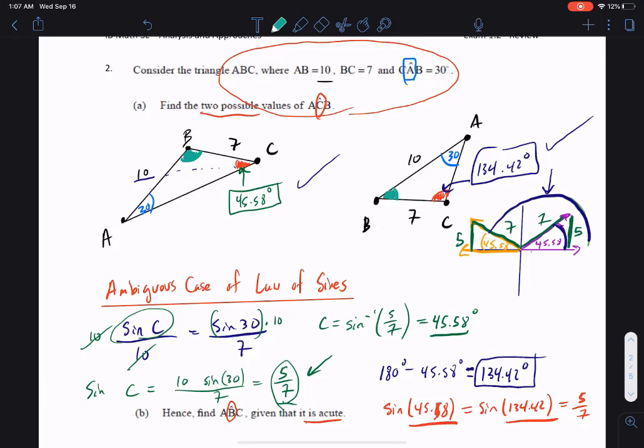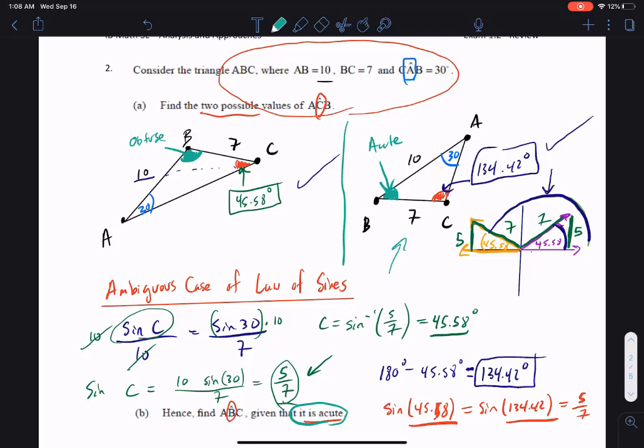I want the one that's acute, the one that's smaller than 90. This one is acute, and this one is obtuse. They tell me that right here, where angle B is acute. So I'm going to use this triangle on the right side.